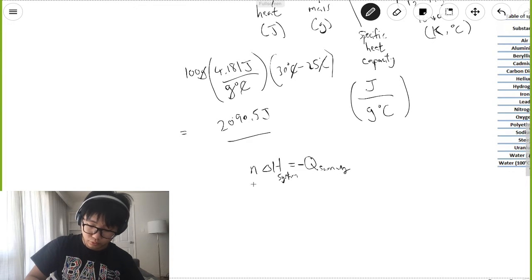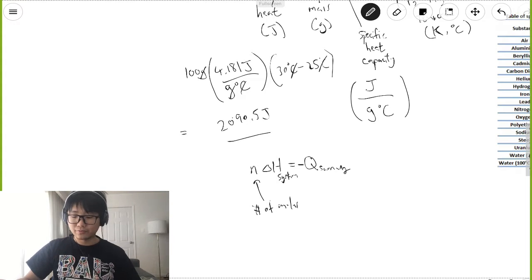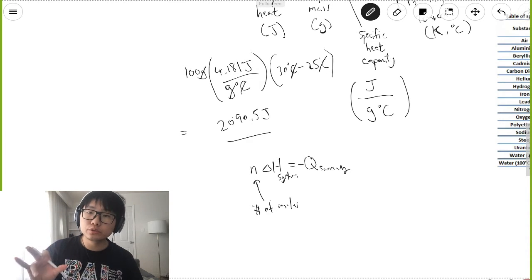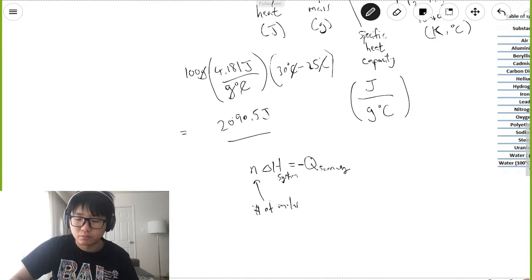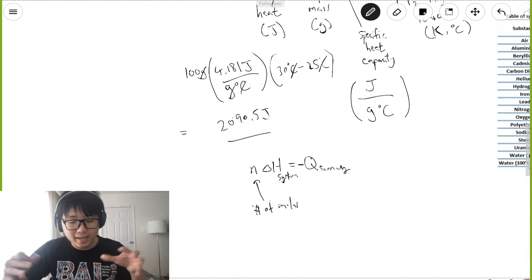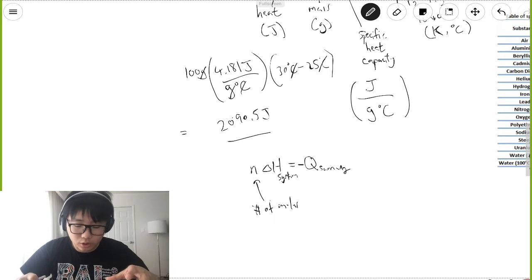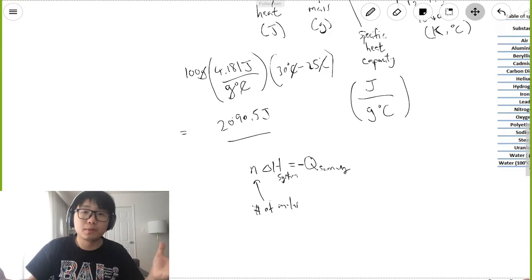Okay, so this is number of moles. And then if I divide it on the other side, so this is basically saying this. I don't want to know the absolute energy released by my system, by my reaction, because that's going to depend on how much of the substance I put in, right? Because think about this. My situation right now depends on this 2000 joules, depends on how much acid and base I've included.